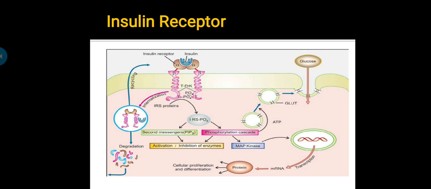Insulin also causes translocation of the GLUT transporter from the cytoplasm to the membrane, so that more glucose can be taken up. That is the net effect of insulin.